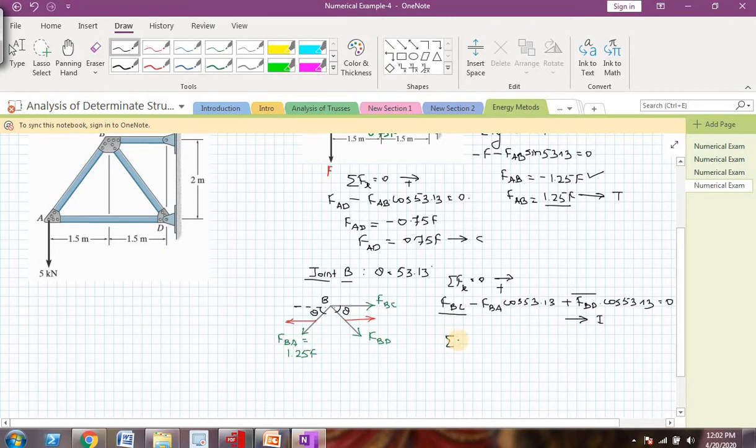I will apply the next equilibrium equation, summation of Fy equal to 0. This will have a downward component, this will also have a downward component.